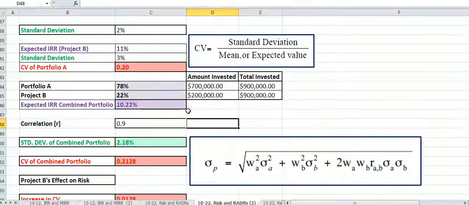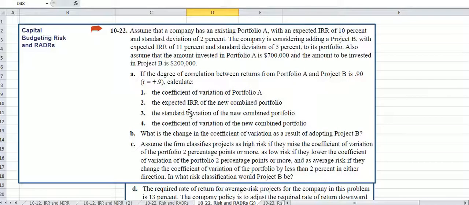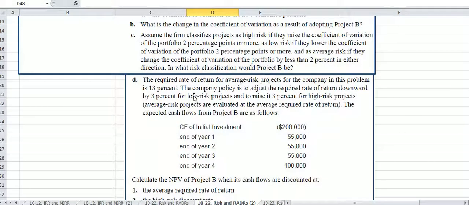Now the next thing we want to look at is our risk-adjusted discount rate. The required rate of return for the average risk projects for the company in this problem is 13%. The company policy is to adjust the required rate of return downward by 3% for low risk projects and raise it 3% higher for high risk.